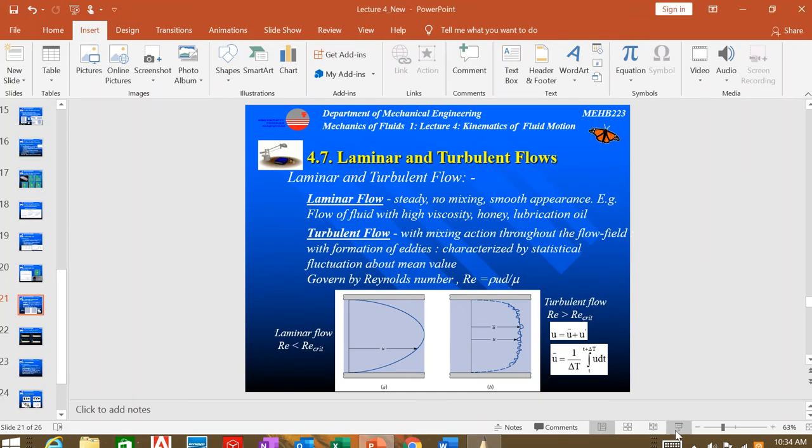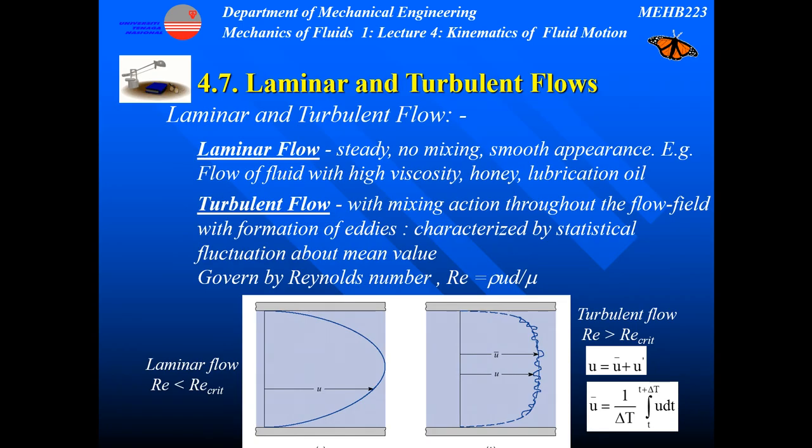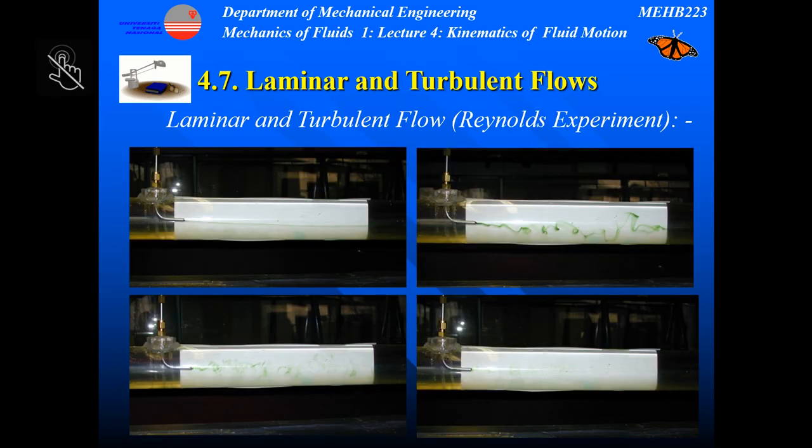Go back here. This is a Reynolds experiment. I think we also do this in the fluid mechanics lab, experiment 4. If you see a straight line here, that means it's laminar. If you don't see any pattern here, it's dispersed, that means it's turbulent.